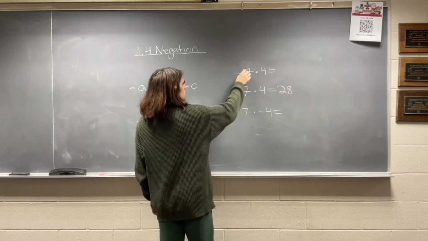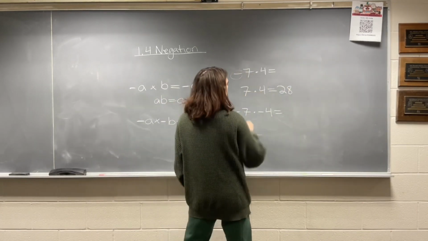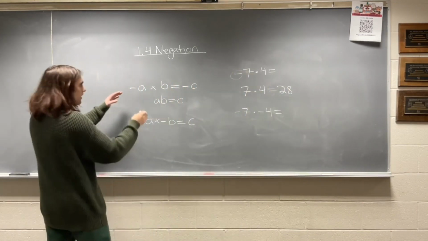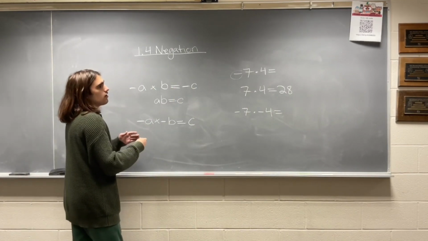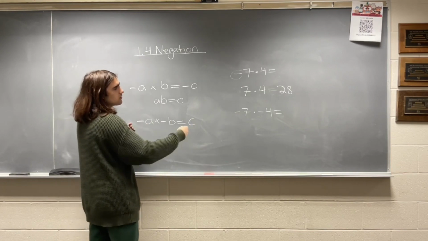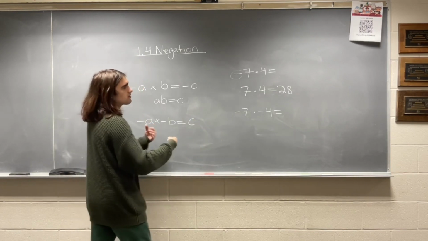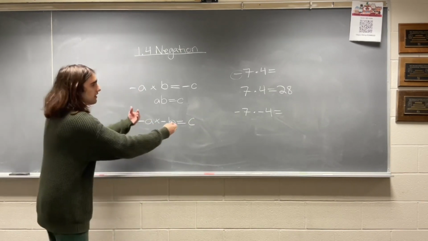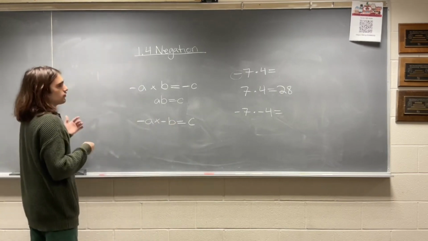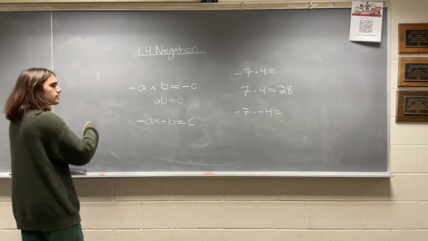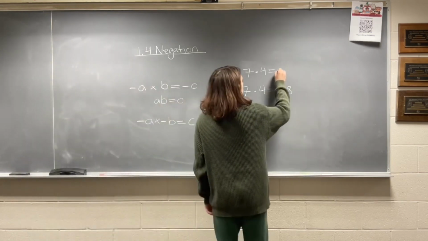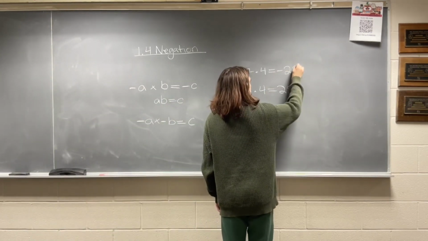So that means that since we have a negative here, it is repeating a negative amount of times, and so instead of going to the right on our number line, hopping 7 places 4 times, or 4 places 7 times, we're hopping to the left in the integers, 7 places 4 times, or 4 places 7 times, which gets us negative 28.